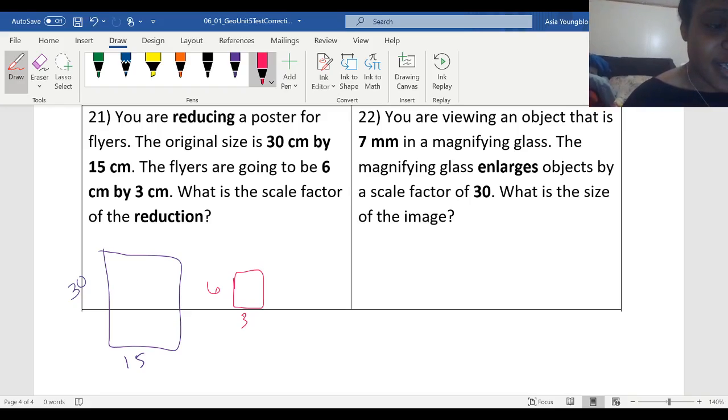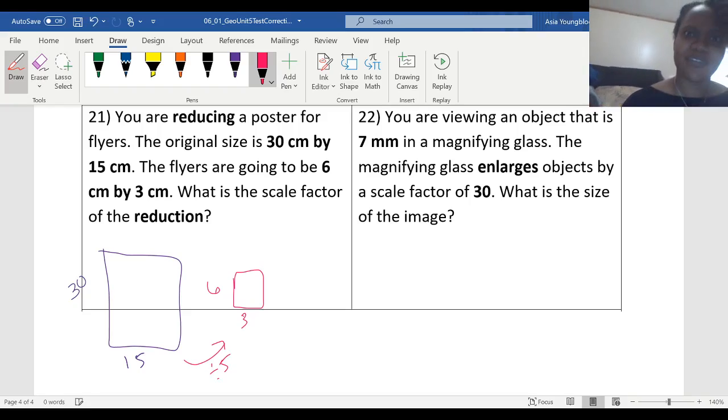So to go from 15 to 3, we would divide by 5. So 15 divided by 5 gets us 3, 30 divided by 5 gets us 6. So this is our scale. This is what it's being scaled down by.